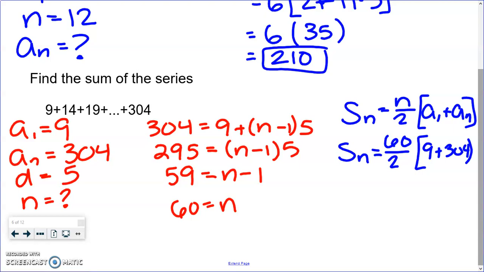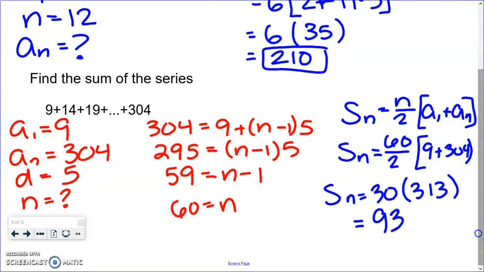Simplify. Your total sum then for all 60 numbers in this sequence, if we were to write each one out, is 9,390.